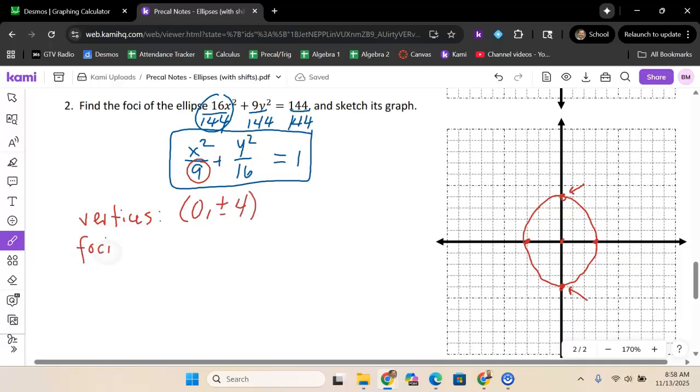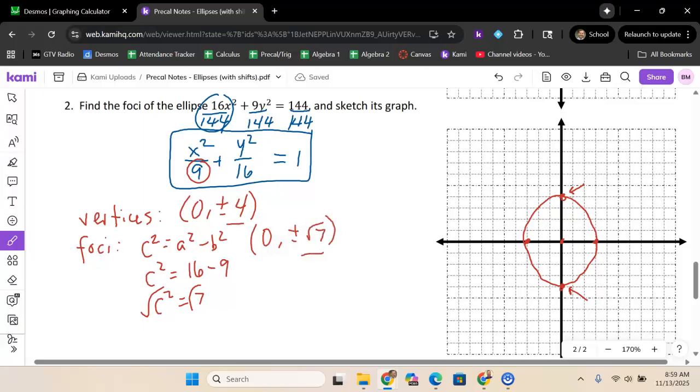To find the foci, using that formula, c squared equals a squared minus b squared. So c squared is going to equal 16 minus 9, which is going to be 7. We'll take the square root of that. So that means our foci are going to be 0, plus or minus the square root of 7. Again, that's a y-coordinate this time because our major axis is the y.